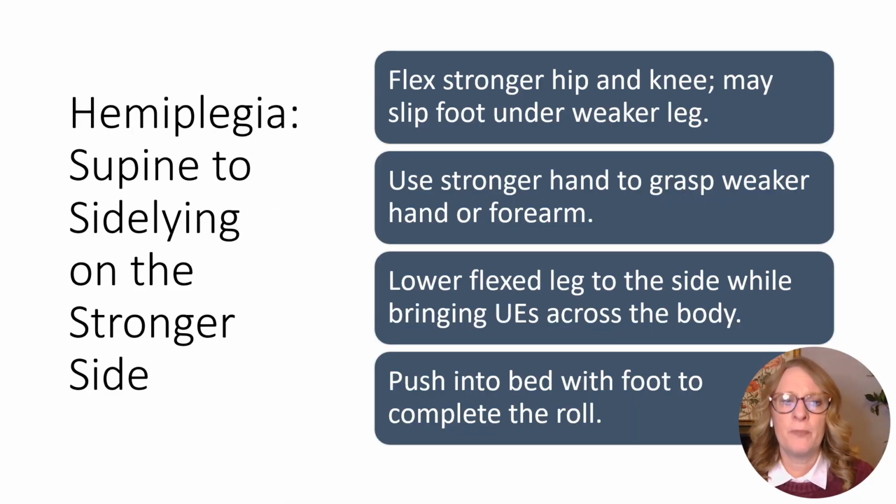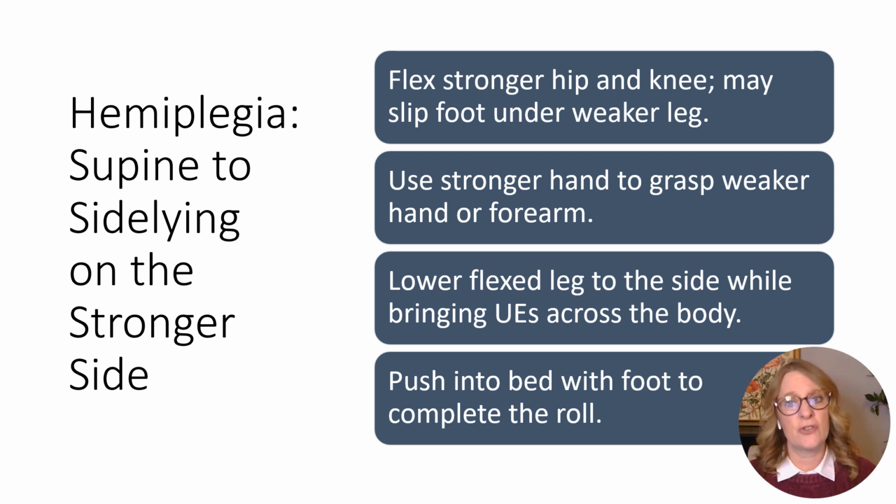So going supine to side lying on the stronger side. We're just going to say that my left side's my weaker side, right side is the stronger side. You're going to flex the stronger hip and knee, and you might even have to slip that stronger leg or foot under the weaker leg.